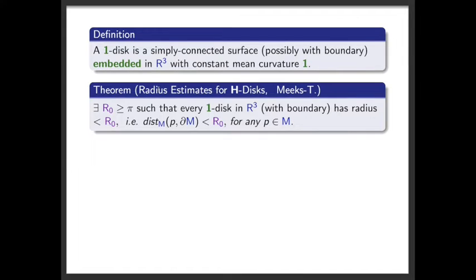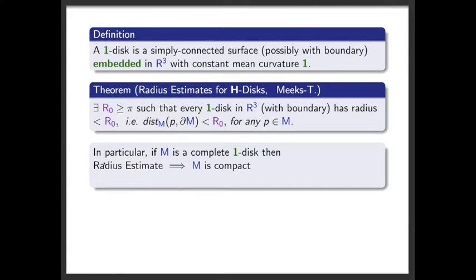So the result that we have with Bill is the following: the radius of a 1-disk is bounded from above. Of course, this bound is independent of the disk.